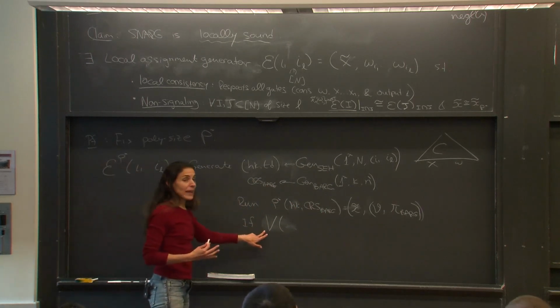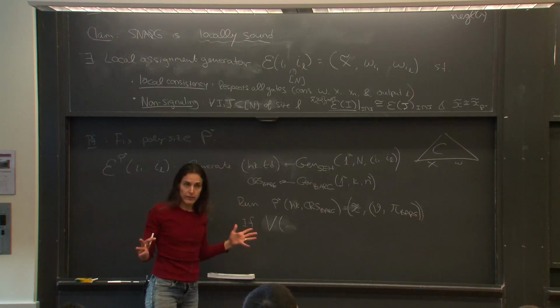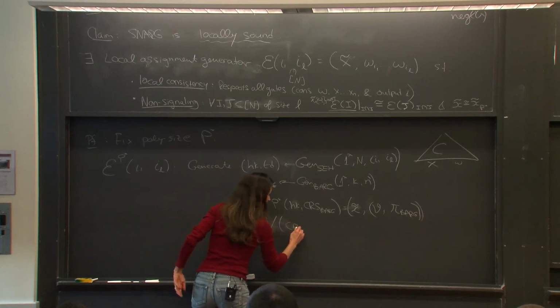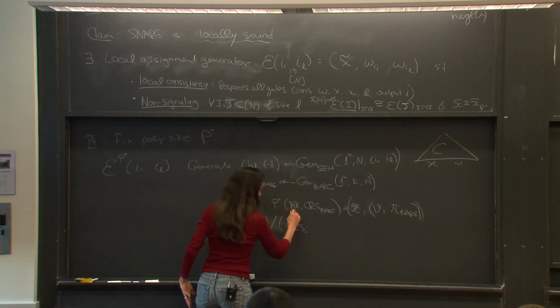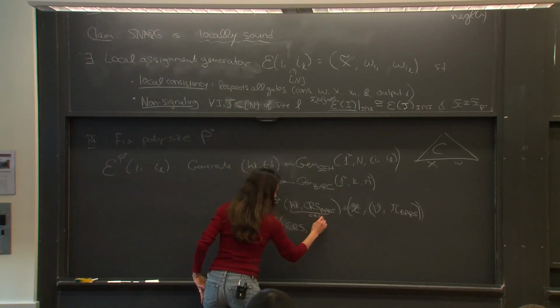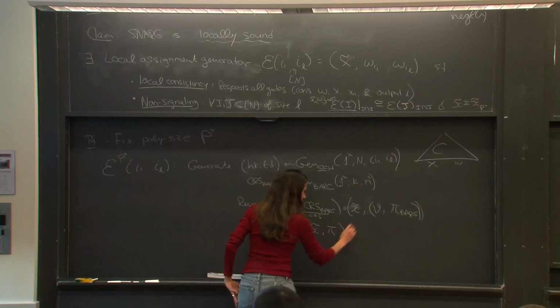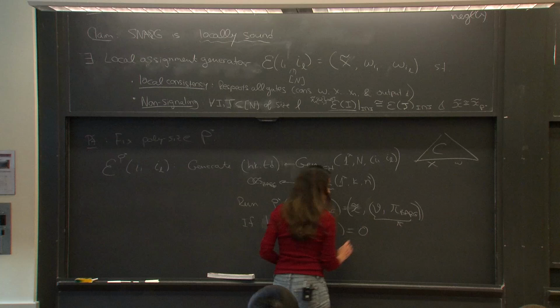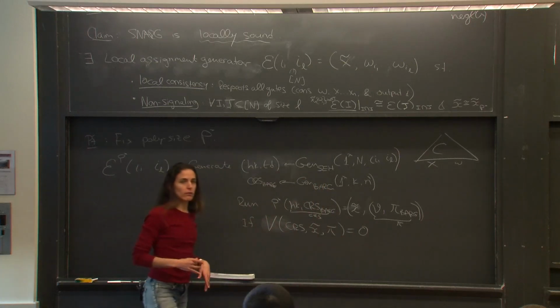Now he checks. If the verifier rejects this proof, it's not a good proof. So if V, given the CRS, which is these two, given x tilde, and given pi, outputs 0, if it rejects, try again.